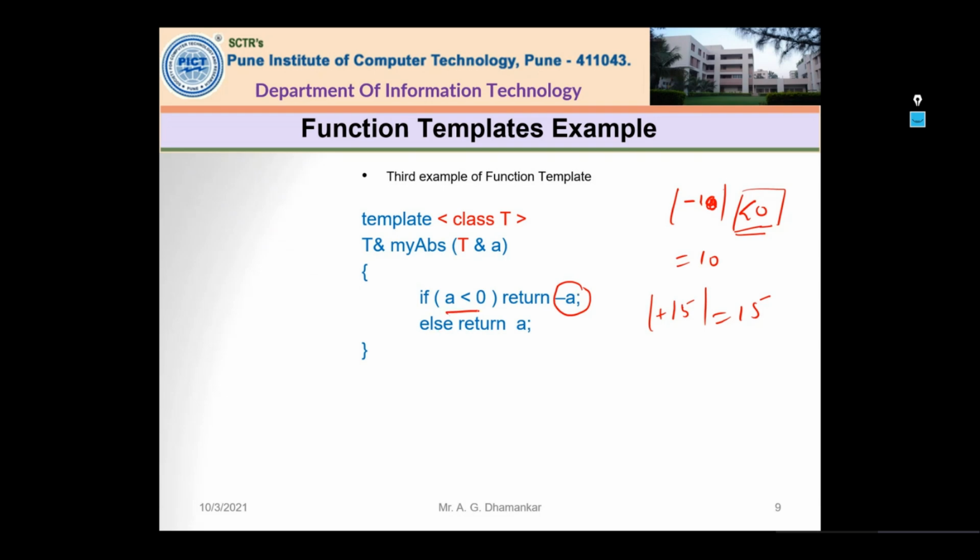So if a is less than 0, this is the function template, class T is some type, and we have taken one reference variable of that type here, and will be returning a reference to the same type.